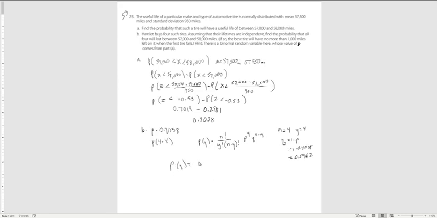Alright, so we write all this out. This is going to be 4 factorial over 4 factorial, 4 minus 4 factorial, times p, 0.4038, to the y, which was 4, and q, 0.5962, to the 4 minus 4, which is to the 0.